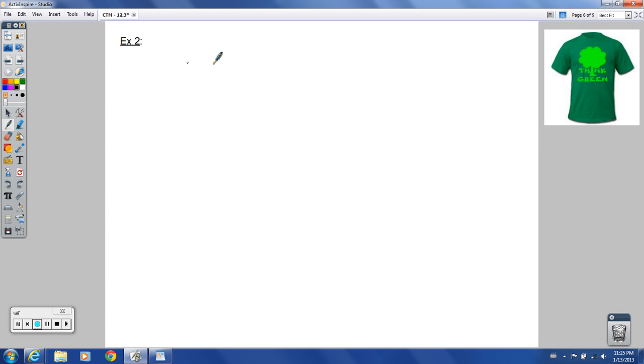Let's check out a second example. It's still dealing with odds against. So now let's assume you have a lot of t-shirts in your drawer. You own 22 t-shirts, and 6 of which are green.